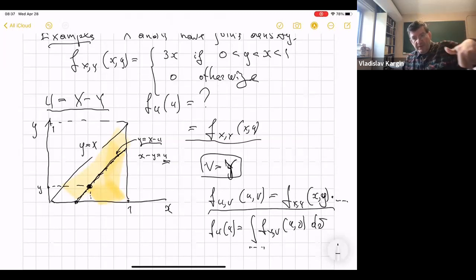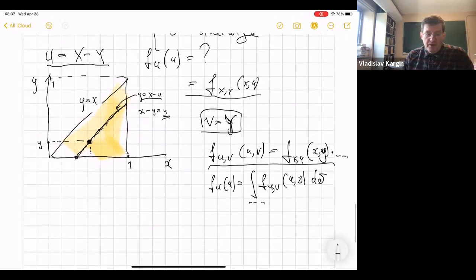So it's basically doing the trick that we did in the previous example when we summed the density over the preimages. So we also integrate the density over the preimages here. So okay, this would be our plan.